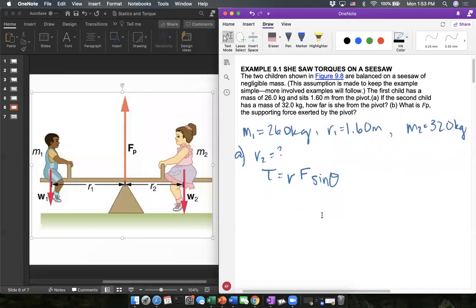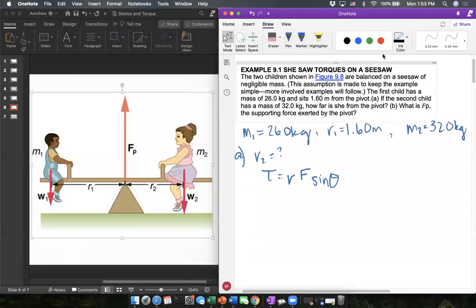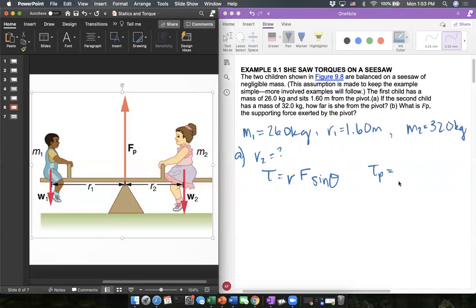It did say that we are going to ignore the mass of the seesaw, so we can call that tau of the pivot point. We're not worried about any force due to gravity here.